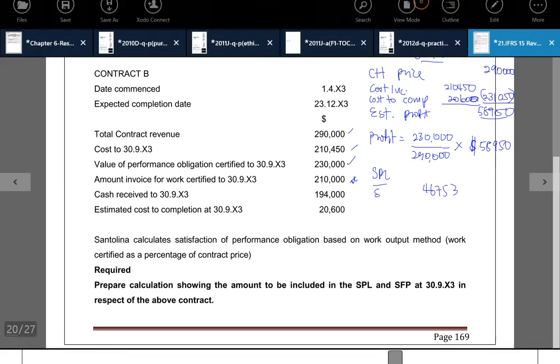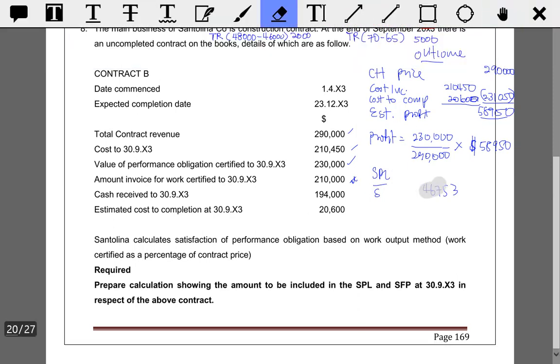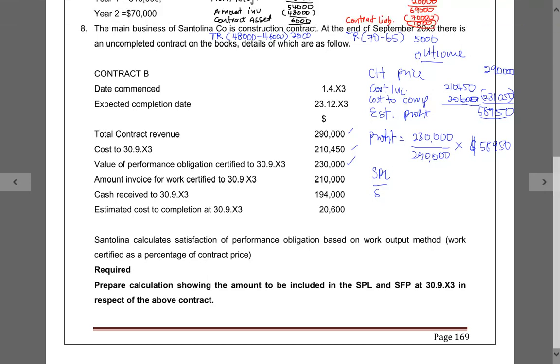Then the sales will be the work certified, 230000. So find the missing figure: 183247.